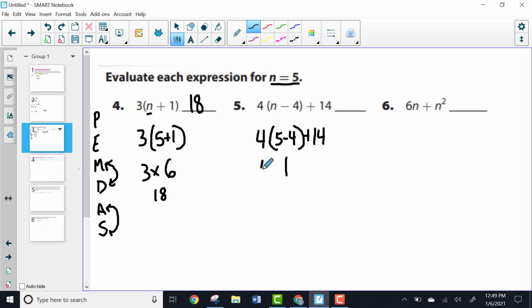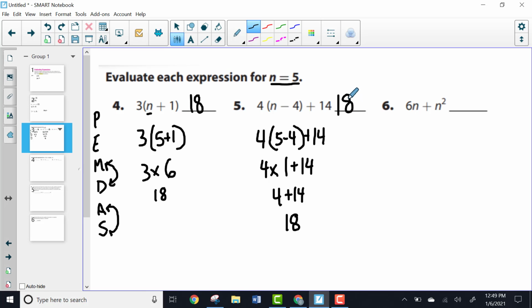Not too difficult. Now we have 4 times 1 plus 14. Think about order of operations. We're going to do multiplication next. 4 times 1 is 4. And again, you want to write every step down. And then 4 plus 14 gives us 18 for the answer there.